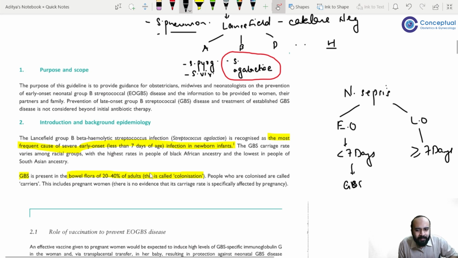This is not present in every person. At most 20 to 40% of pregnant women have it, and it is not just the bowel flora, it is the gastrointestinal, which is bowel, plus the genitourinary tract as well. So these are the two places in which it is present. So whenever it is present, we call these women carriers of Group B Streptococcus, and obviously it also includes pregnant women.